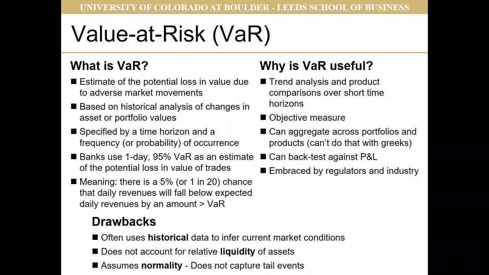If we have a one-day 95th percent value at risk number of $1 million, that means 5% of the days, we will lose more than $1 million. What it doesn't tell us is how much more, right? We could lose 10 or 12 or 15 or $25 million. And the $1 million could be an accurate representation. So we don't know exactly what's going to happen in the tail. So it's not a perfect measure, but it's a useful measure for thinking about risk.